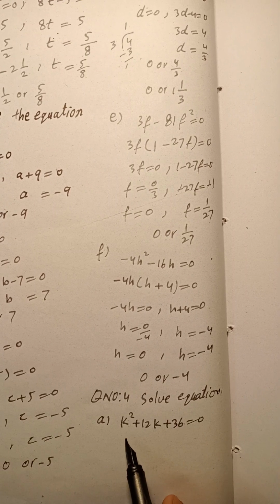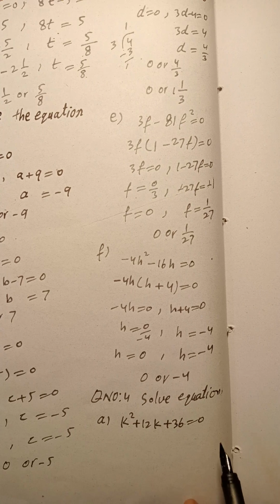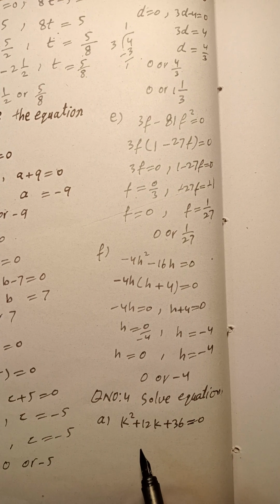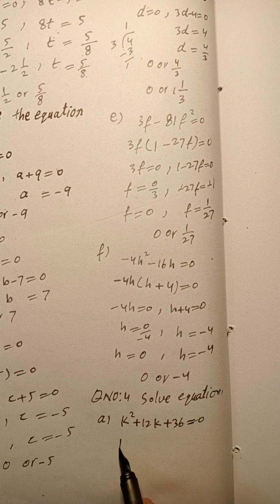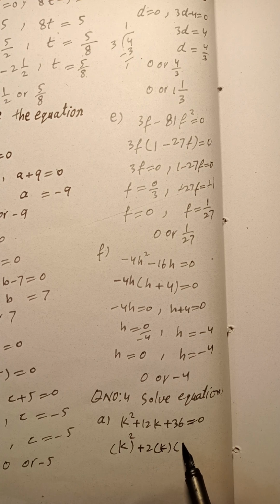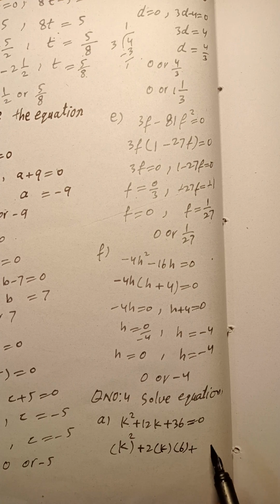See here, k square plus 12k plus 36 is equal to 0. We have to factorize it first so that it may become simple. So try an identity. You know that a square plus 2ab plus b square, b is 6 and 6 square is 36, equal to 0.